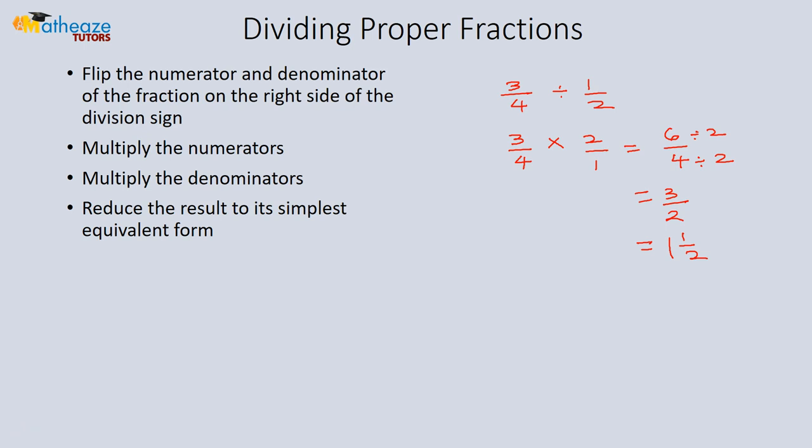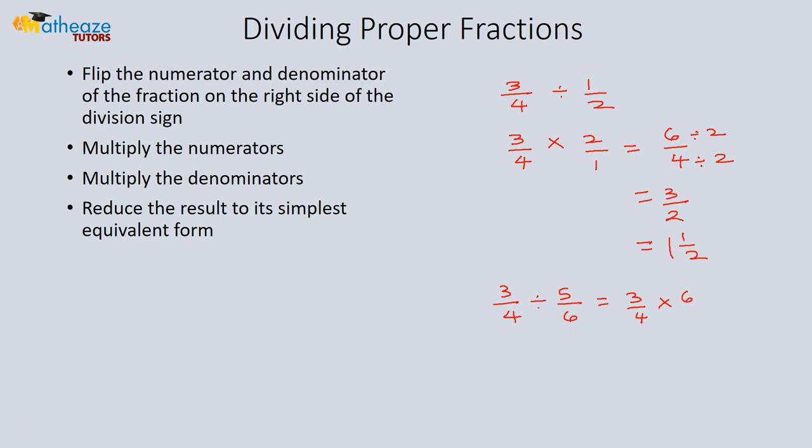One more example on this slide will be 3 over 4 divided by 5 over 6. So what we're going to do is we're going to write 3 over 4, change the sign to a multiplication, and then we're going to flip the fraction on the right hand side.